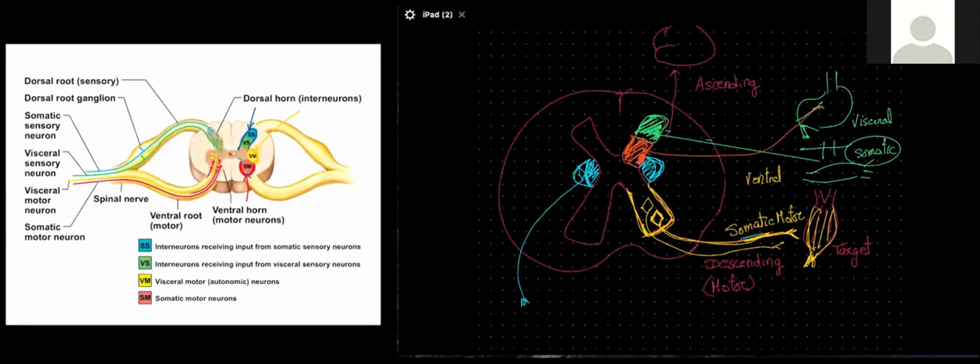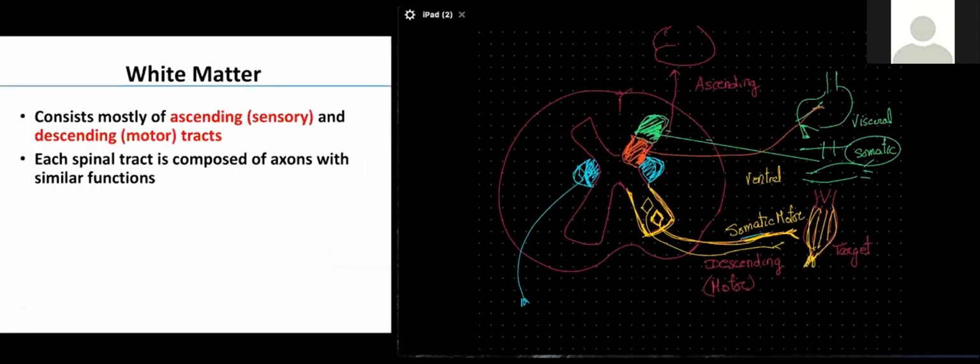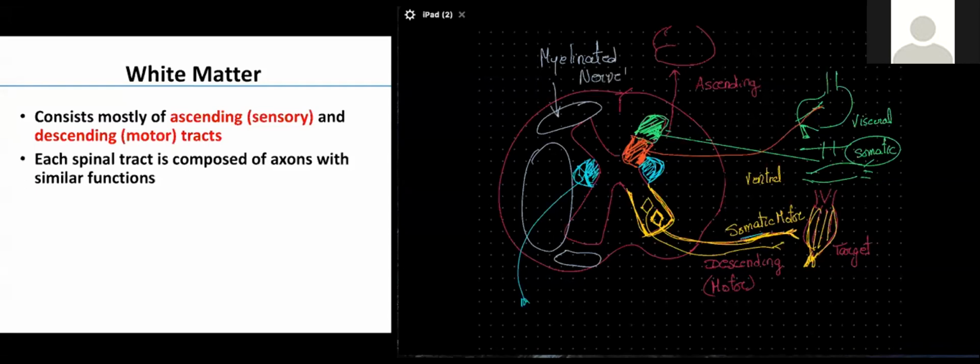All right, so looking at the outside part on here, I am full of white matter. The white matter is formed by myelinated nerve fibers. And those myelinated nerve fibers are going to either be conducting signals up towards my brain, or they are carrying signals down from the brain to reach the target organs.